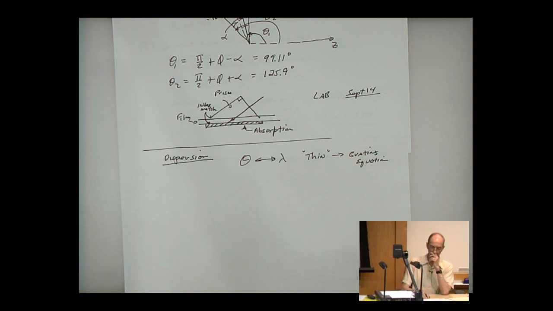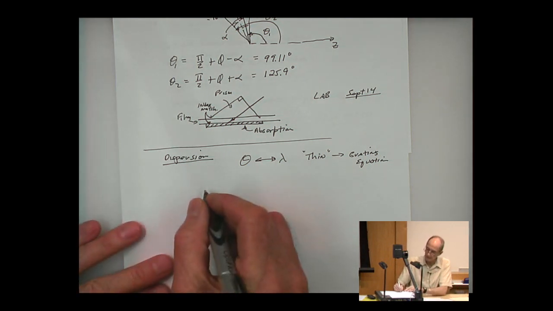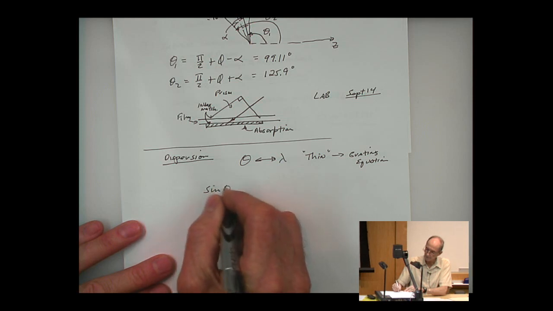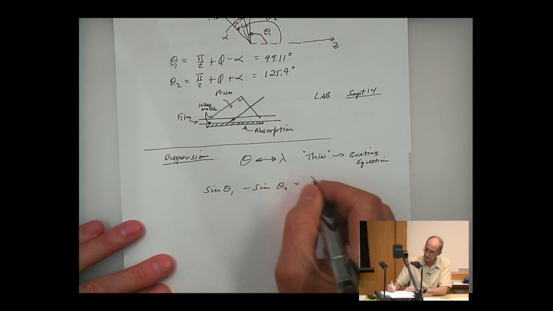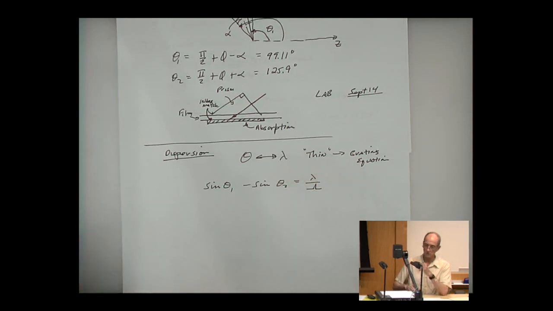So let's first look at the grating equation and see how we can pull out a dispersion relation. All right. So we have sine theta 1 minus sine theta 2 equals lambda over the period. We'll just worry about the first diffraction order for now.